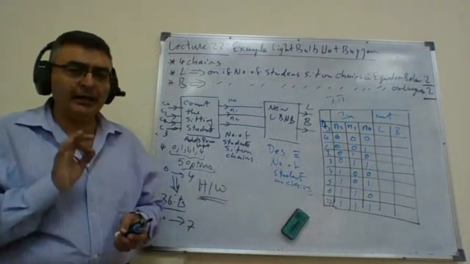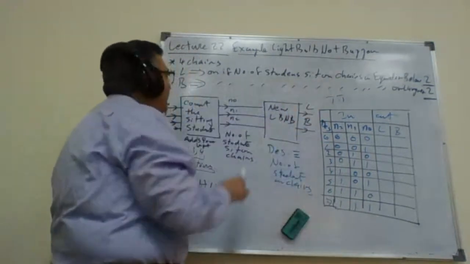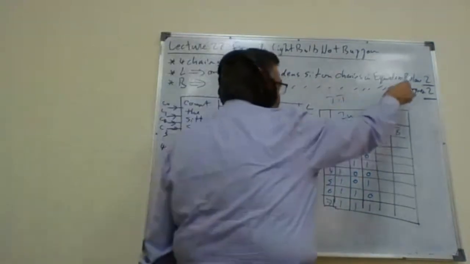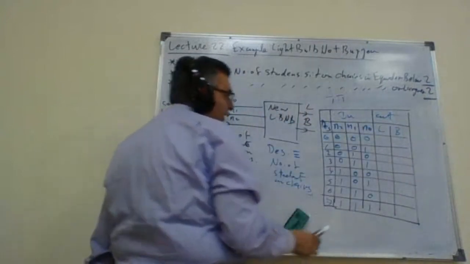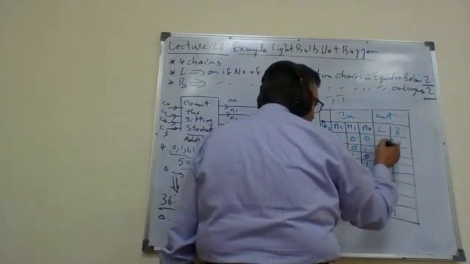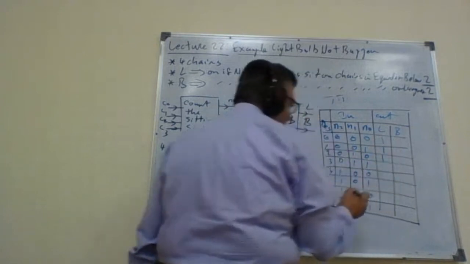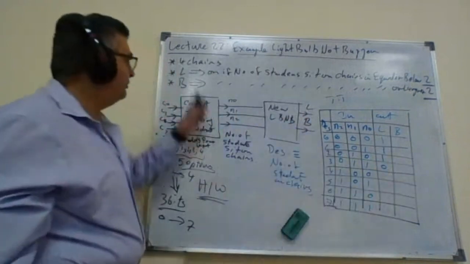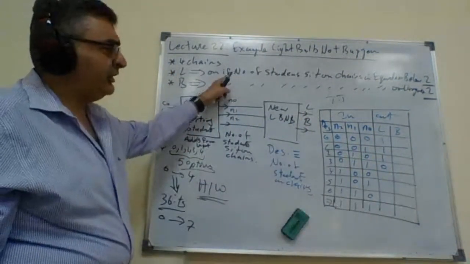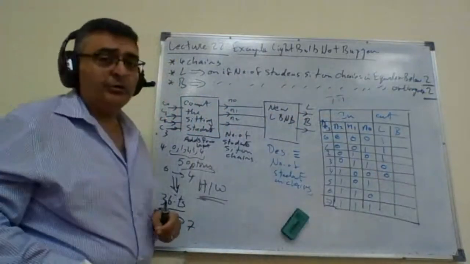So based on the definition of the problem, if the number of students sitting on chairs is 2 or below, L will be 1. Like 0, 1, 1, 1, 2, 1. 3 students will be 0, based on the light definition. 4 students sitting on the chairs will be 0.